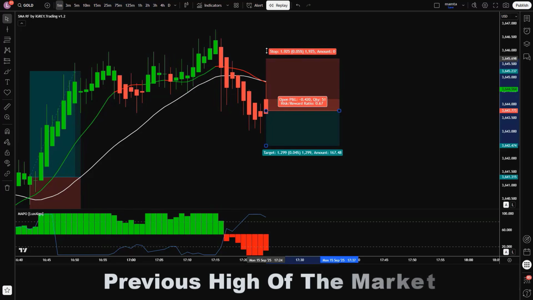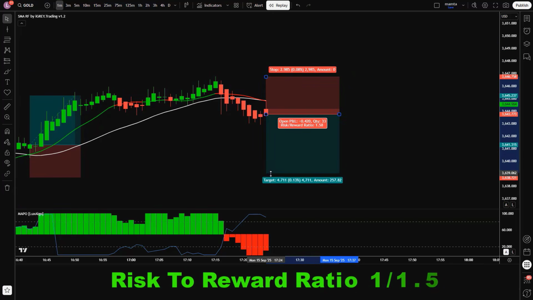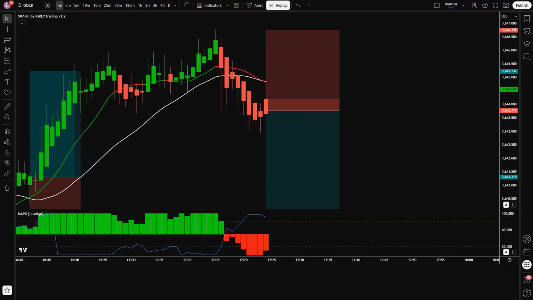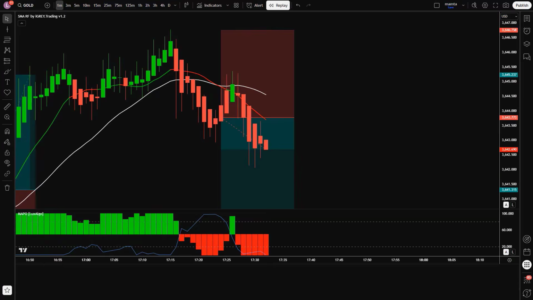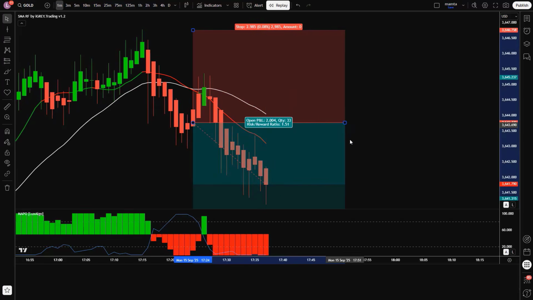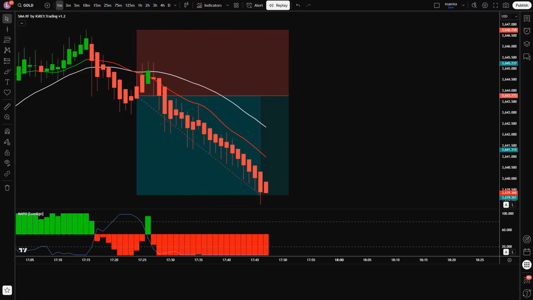Our stop loss is the previous high of the market, and the risk to reward ratio will be 1:1.5. Let's see what happens to our trade. Our trade is running in profit. The market has completely hit the target.